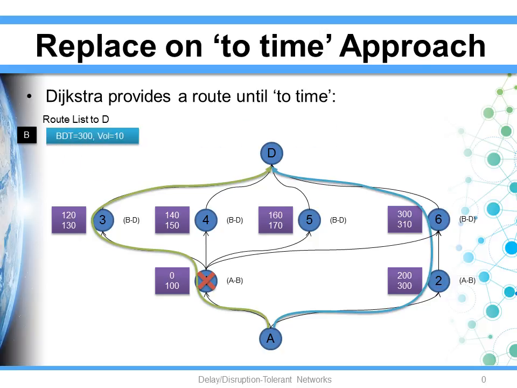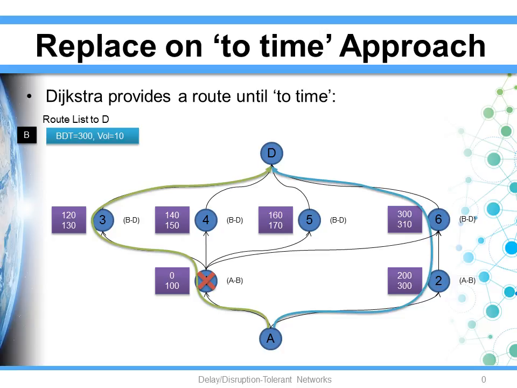And this contact will replace the previously calculated route with the best delivery time of 300 in this case, and with a volume of 10 again. In this example, contact number 6 has only a volume of 10, which is the smallest capacity contact, with capacity 10, in all the path.